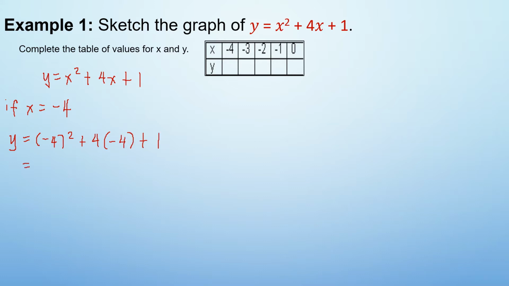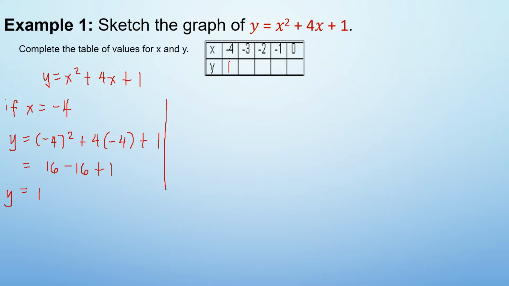Negative 4 squared is 16. Positive 4 times negative 4, negative 16 plus 1. 16 minus 16 is 0, plus 1, that is equal to 1. So if x is negative 4, y is equal to 1.